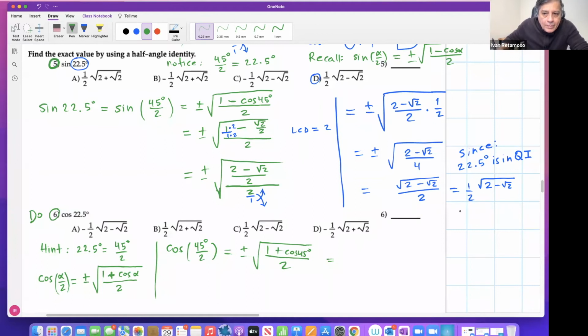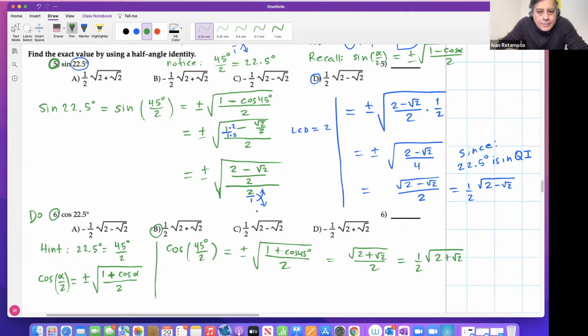So we're going to end up with this guy, but with a plus here, due to the similarity. So this will be 1/2 of the square root of 2 plus the square root of 2, this nested radical. So we're talking about this guy. Excellent, very good.